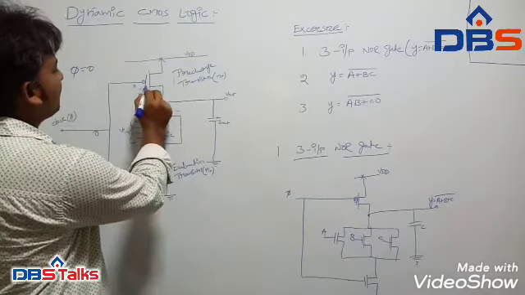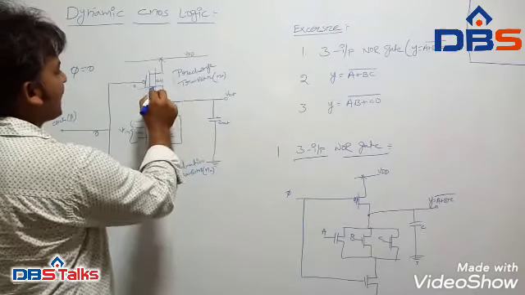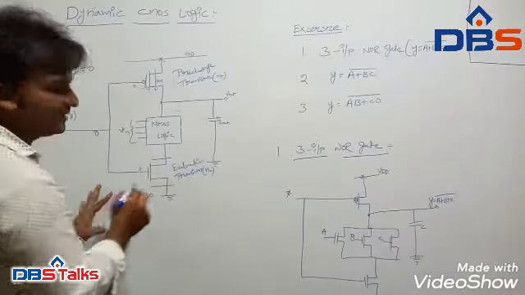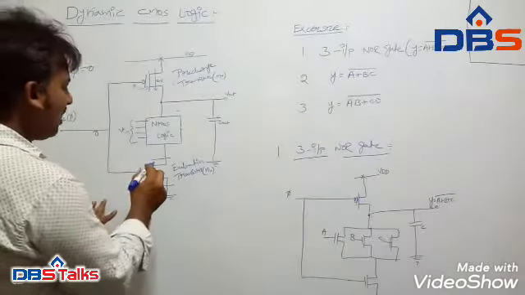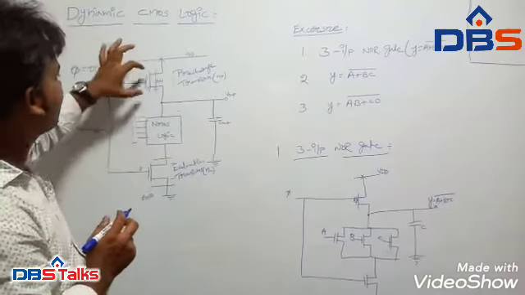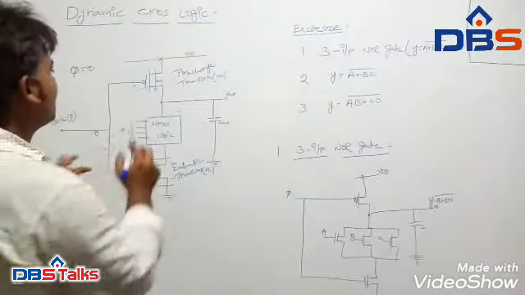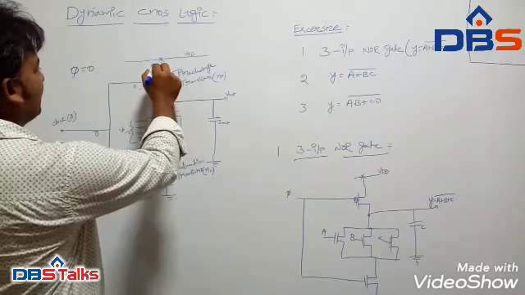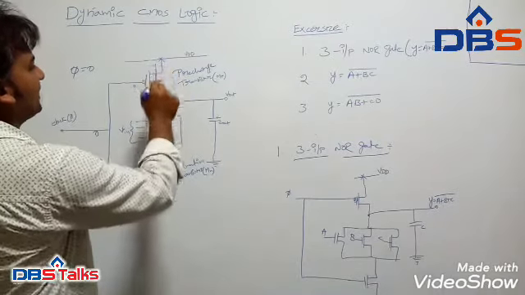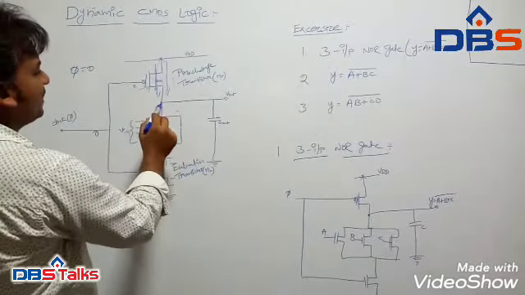If we apply 0 to the PMOS, it will be in the on condition, acting like a closed switch, and the NMOS transistor will be in the off condition, acting like an open switch. Because the PMOS transistor is on, it creates a conducting path, so the current or voltage flows from VDD to this point.